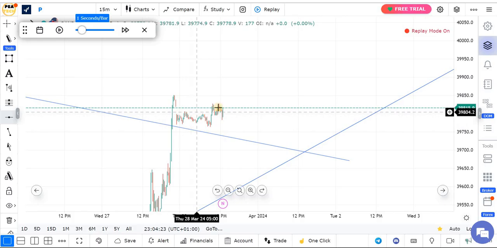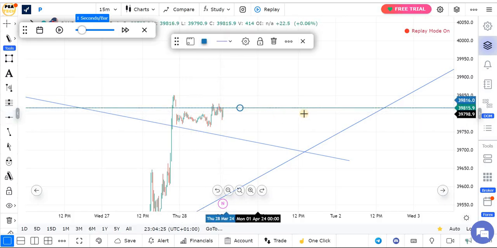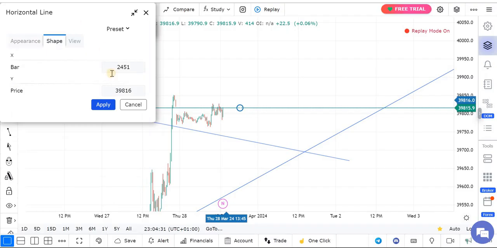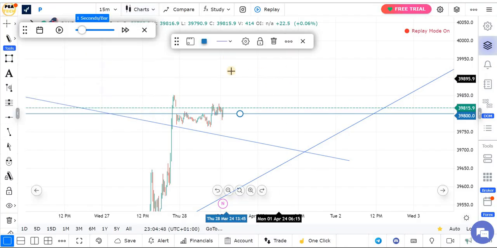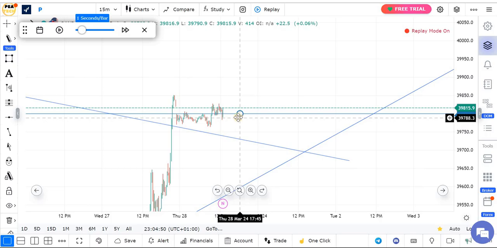You take your line, go to settings, click on shape, and you see this number, 39816. We are going to change it to 39800. We want to use the key levels. This is 39800, right?